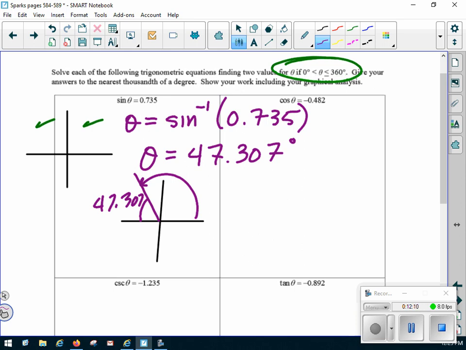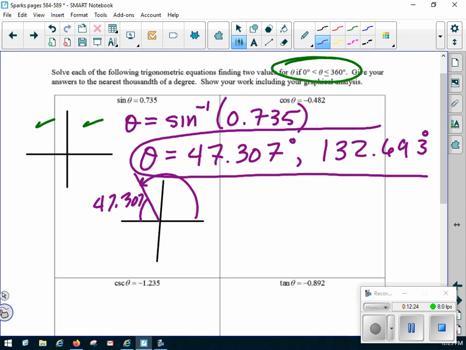So do 180 minus 47.307 and you get 132 degrees. And there you are. You can check them by typing in your calculator sine of this and see if you get 0.735.